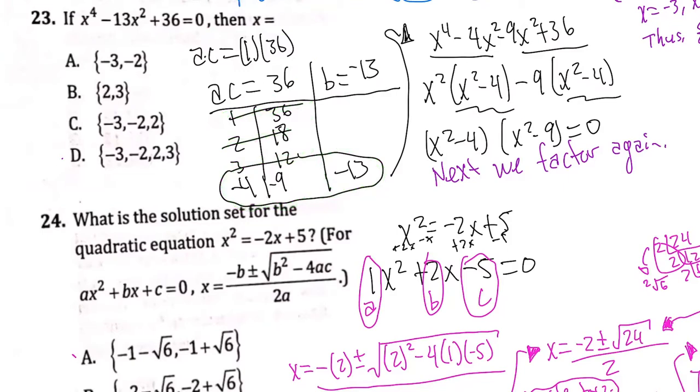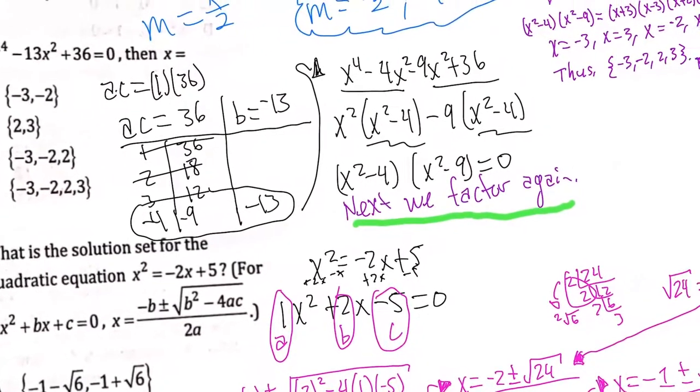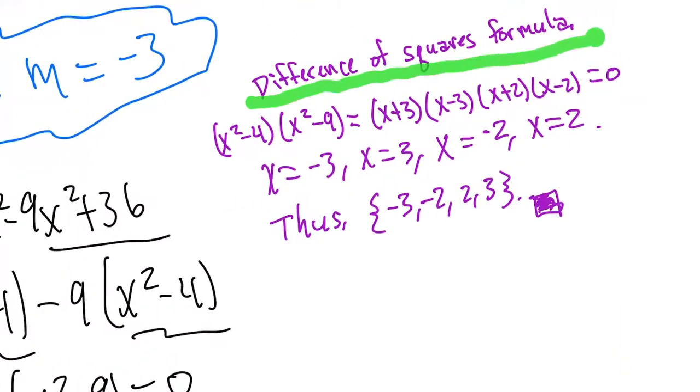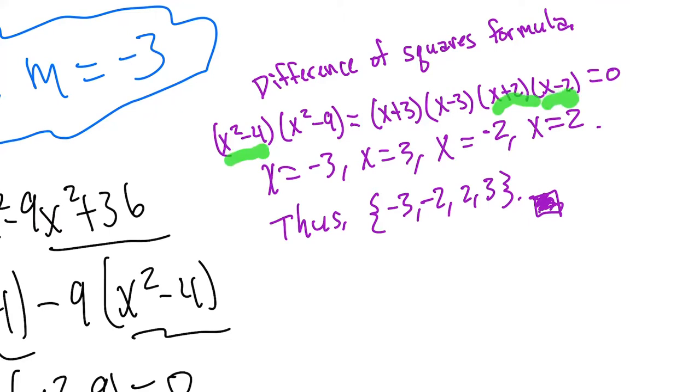So now we go through the steps. We factor out here and here. We notice that this is the same. We factor out x squared, we factor out a -9. So here, we write it down. But if you notice, this is a difference of squares. So here we have to use the difference of squares formula. x squared minus 4 is just x plus 2, x minus 2. x squared minus 9 is just x plus 3, x minus 3.